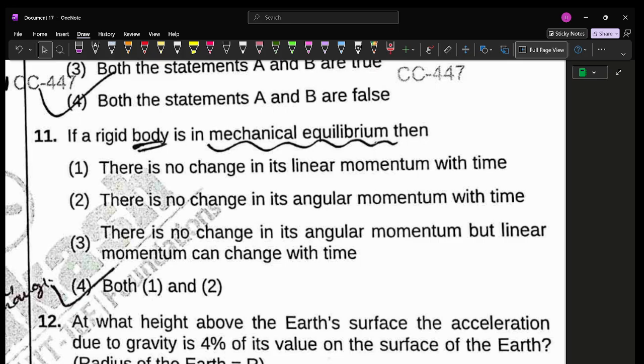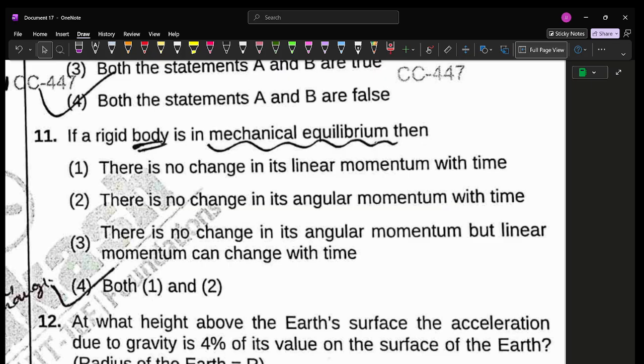What does equilibrium actually mean? Nothing is trying to change the body's state of motion. Yeah. So there are two ways a body can change. It can start accelerating linearly or it can rotate. So both of that has to stop. And why is the summation of force 0?